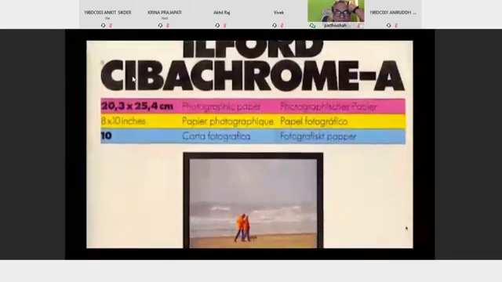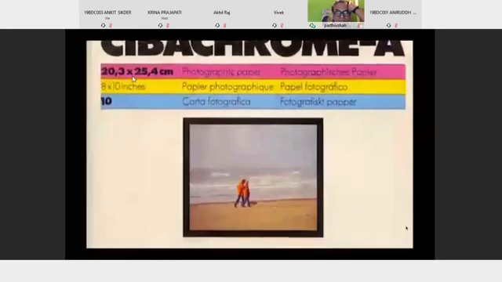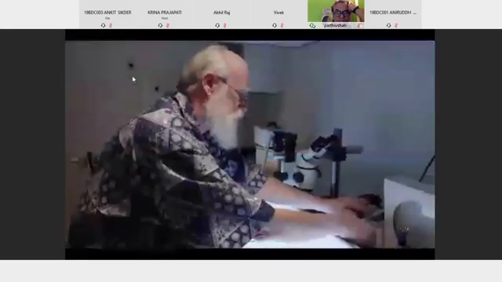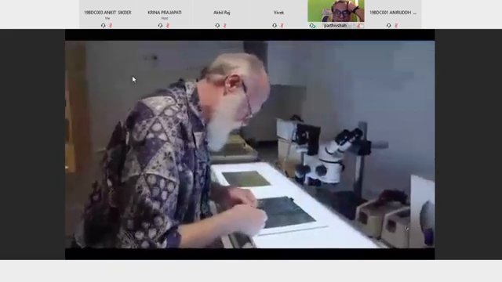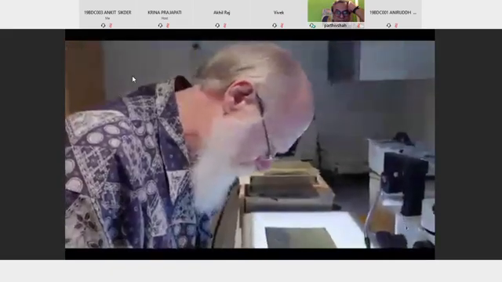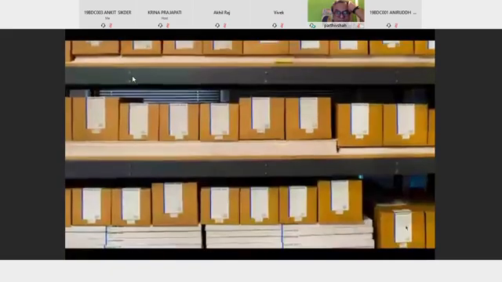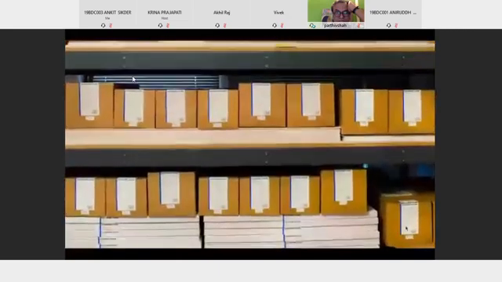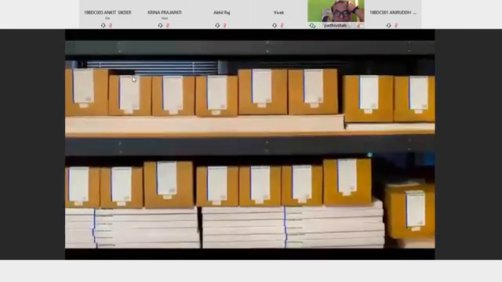Cibachrome was first sold in the 1960s. As photography shifted from using analog film to digital image sensors, many professional photographers abandoned the technique, but Burkett continued to embrace it. In 2011, when the company stopped making Cibachrome, Burkett bought a 10-year supply of the paper.